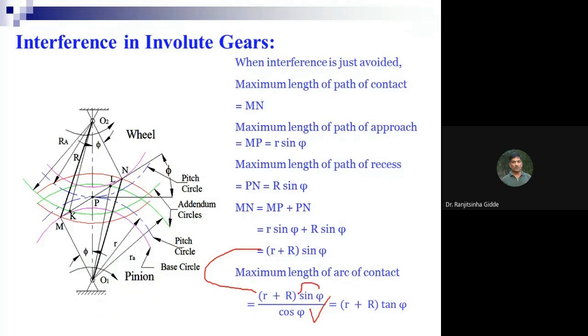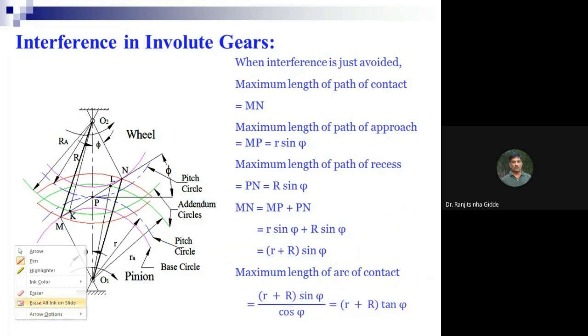So again this sin phi divided by cos phi, that means it is tan phi. So (R plus r) tan phi. So when interference is just avoided, maximum length of path of contact will be this (R plus r) sin phi, and maximum length of arc of contact (R plus r) tan phi.